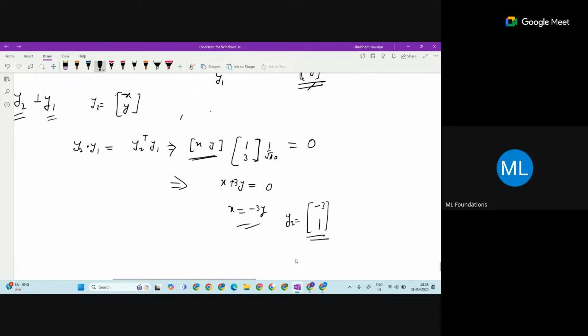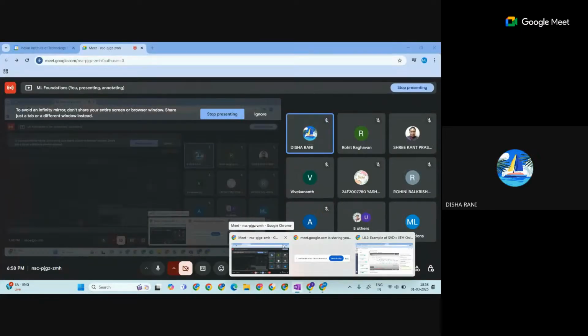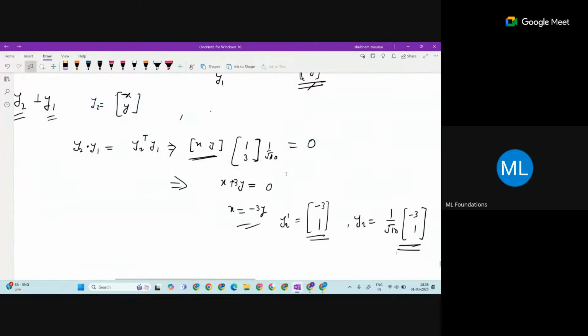After normalization, this is y2 prime, and finally y2 is 1 upon root 10 times minus 3 and 1. Is this clear? Yes, sir. This is how we get y2.